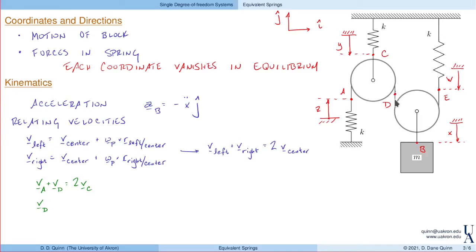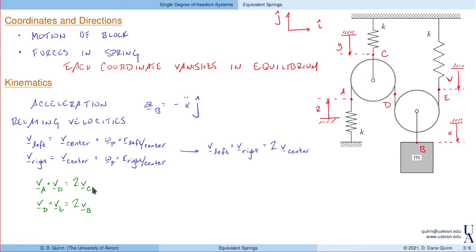Again, each point on this cable has the same velocity because it's inextensible. So this point on the right side of this pulley has to have the same velocity as this point on the left side of this pulley, and those are VD. So then plus the velocity on the right side of that pulley, which is VE, is twice the center, VB.